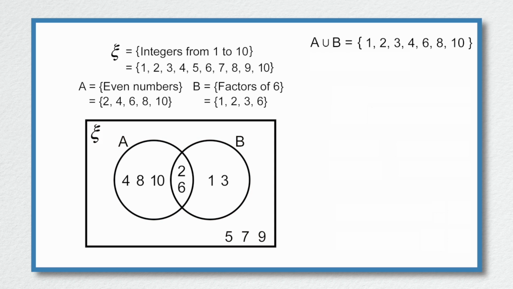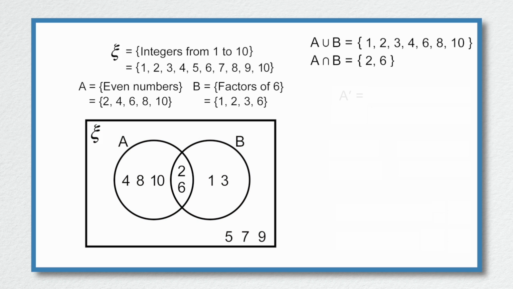You might also see this. This time the symbol is the other way round, and it looks like a small n. This means the intersection of A and B. So that's 2 and 6.